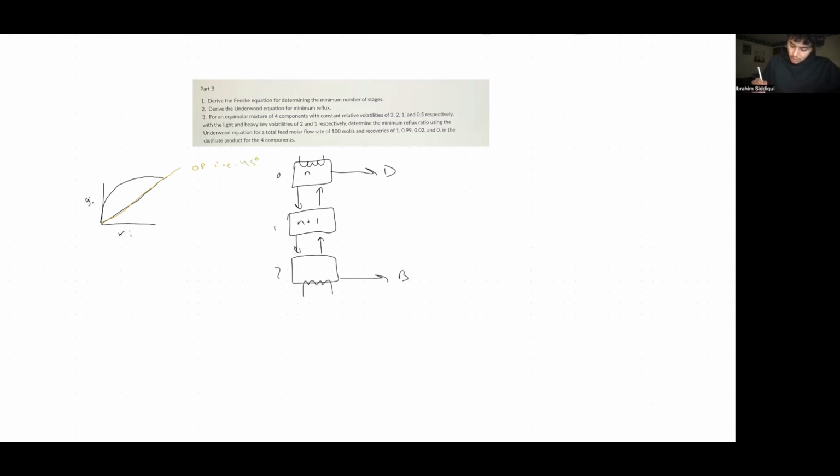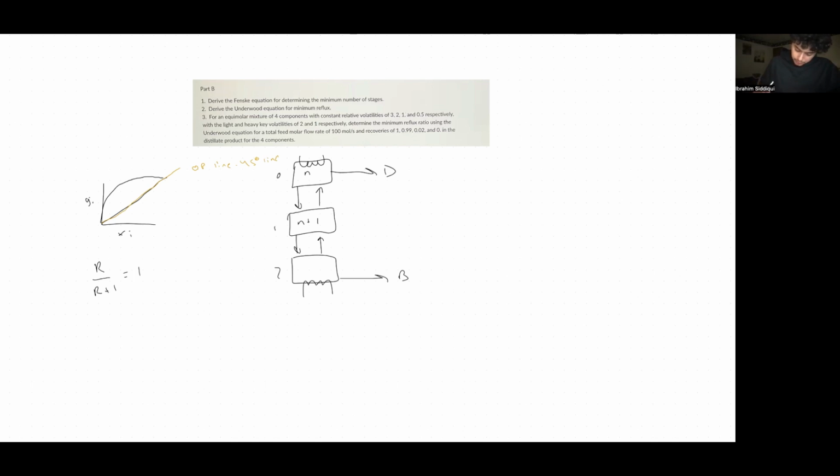Another way we can write this: let's say we want to focus on the rectifying part, and we know that this equation is R over R plus 1, and this is essentially equal to 1, right?